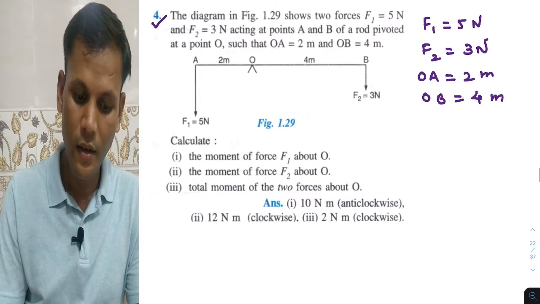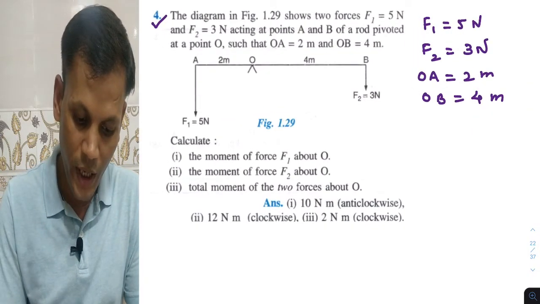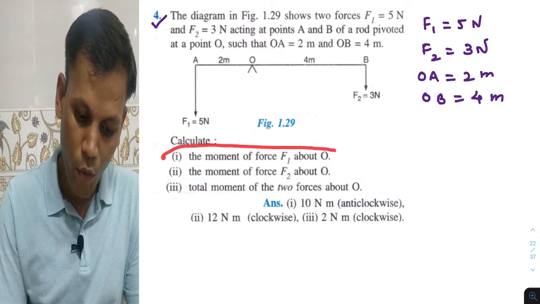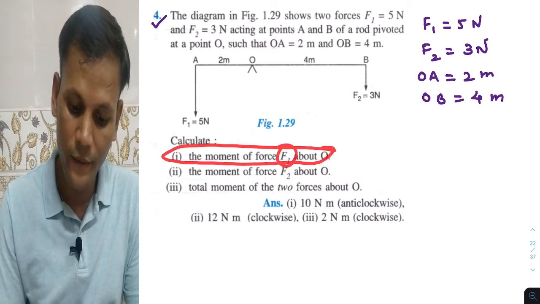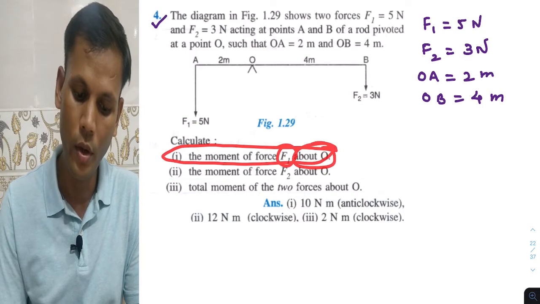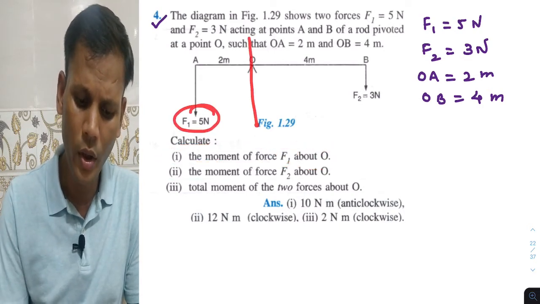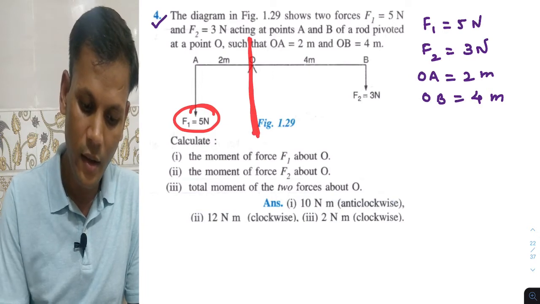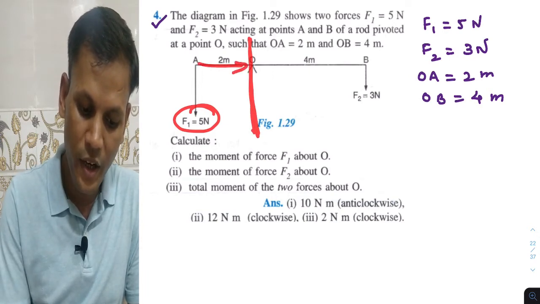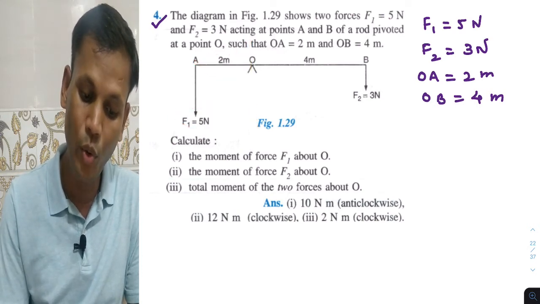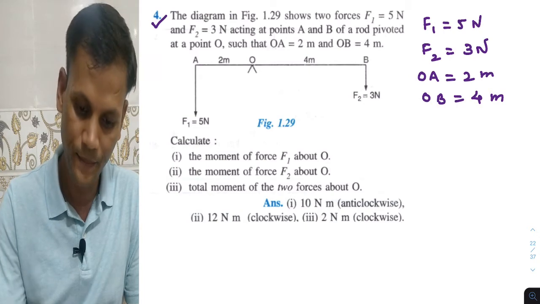For the first part, what is to be calculated? Calculate the moment of force F1 about O. So what is the distance between O and F1? It is 2 meter. So moment is the product of force and distance.